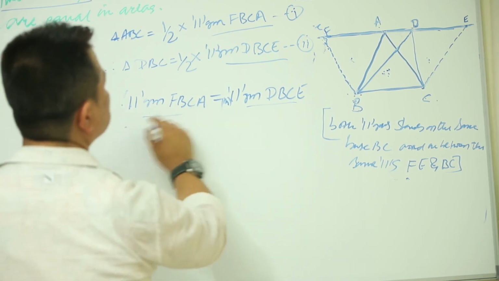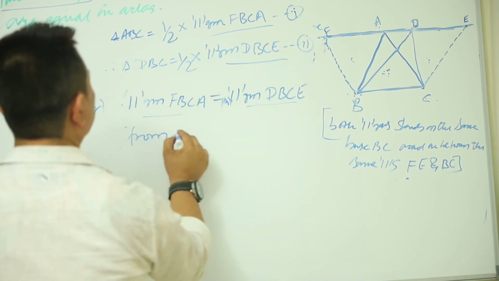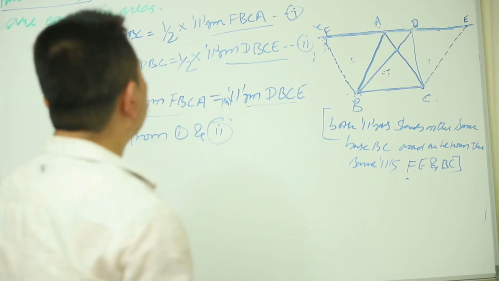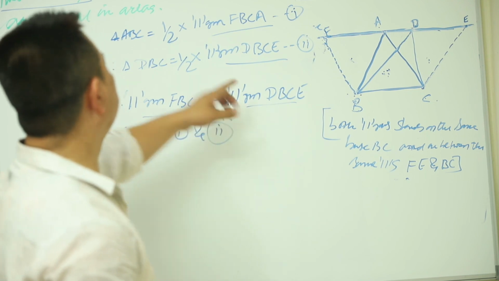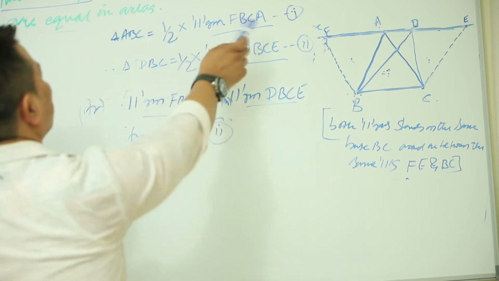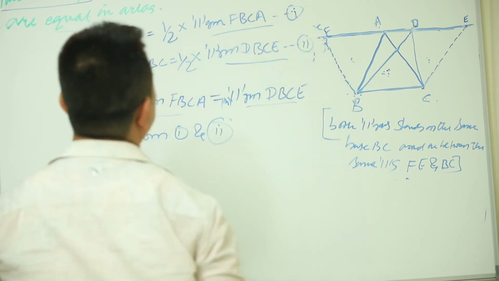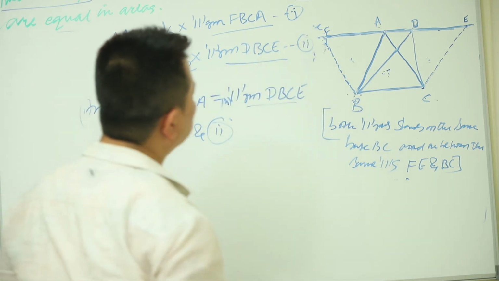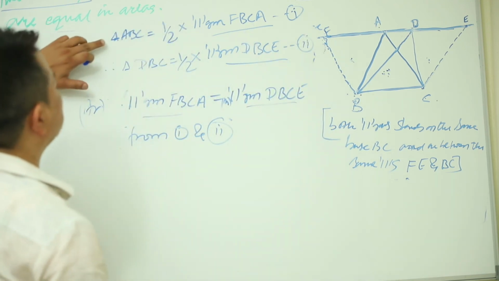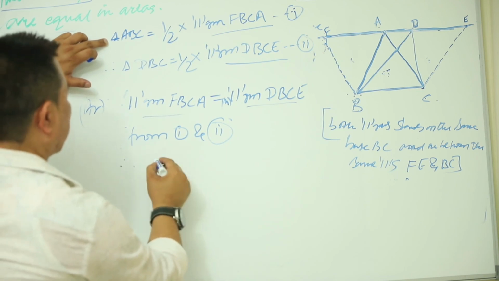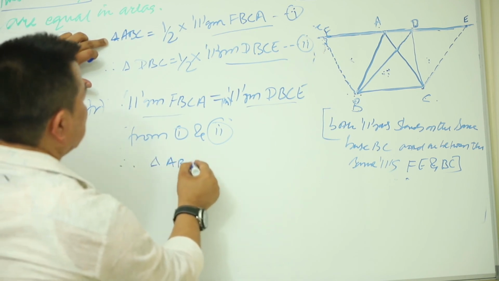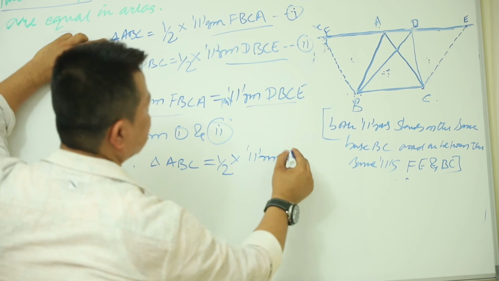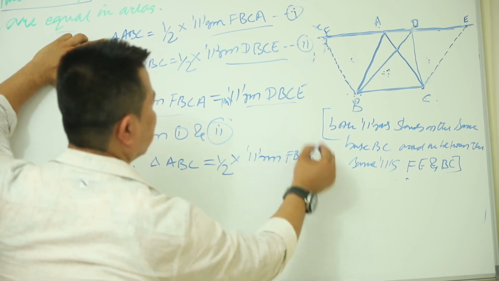Now from 1 and 2, as I told you, these are equal. Since these are equal, in equation number 1, triangle ABC will have parallelogram FBCA, and in equation 2, triangle DBC will have parallelogram DBCE. So you can write, therefore, repeating equation 1, triangle ABC is equal to half into parallelogram FBCA.